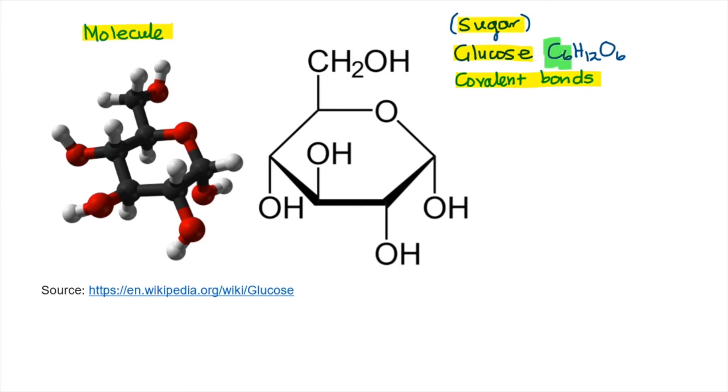It also contains hydrogen atoms, specifically 12 hydrogen atoms, and the glucose molecule contains oxygen atoms. Now, since the glucose molecule contains different types of atoms, or in other words, different elements that are bonded to each other, we can say that glucose is a compound.